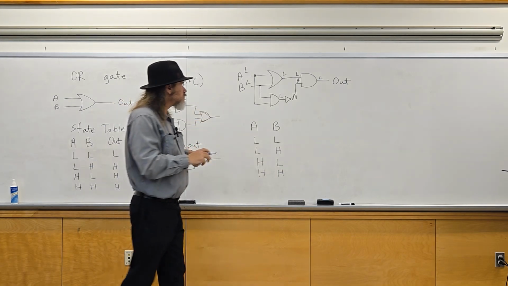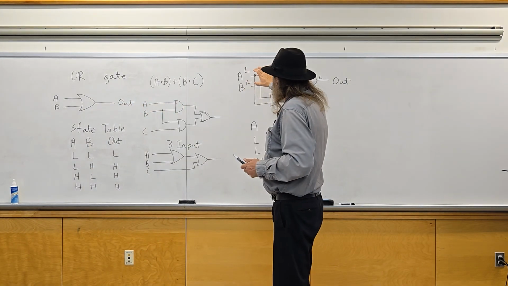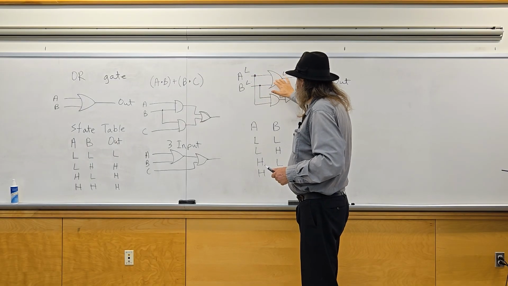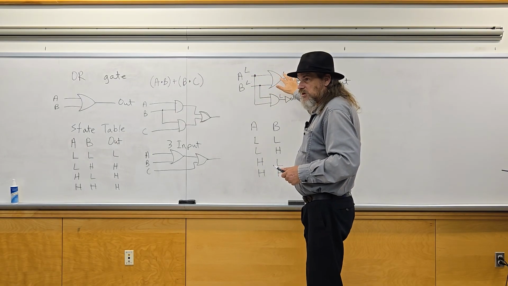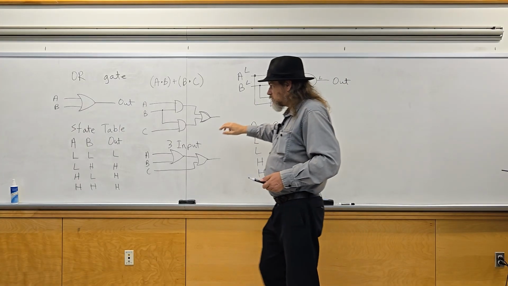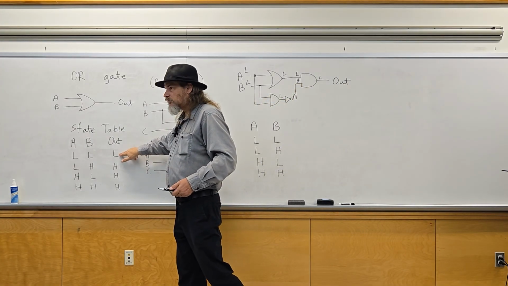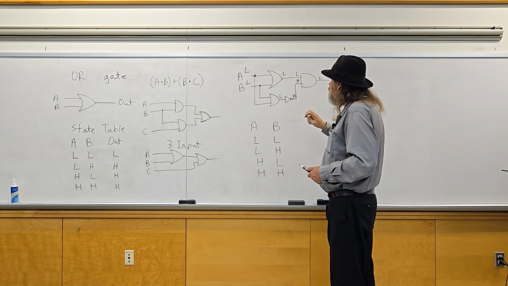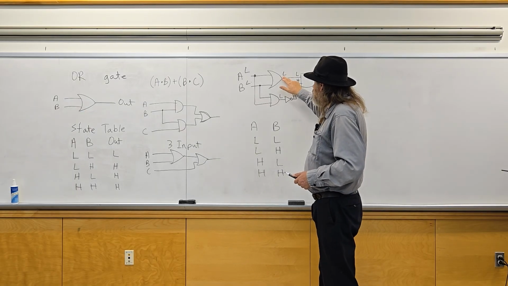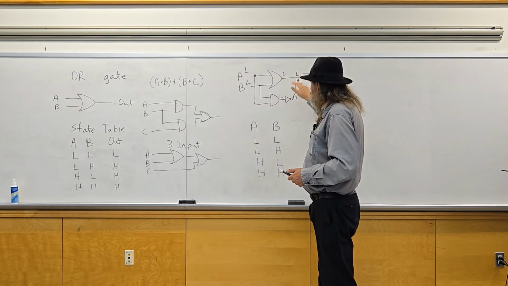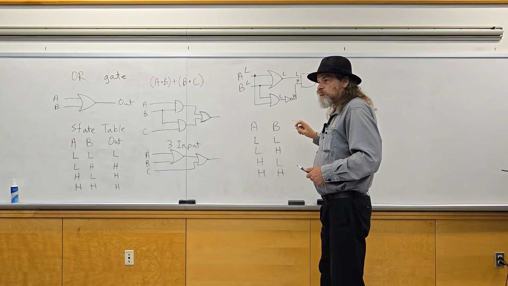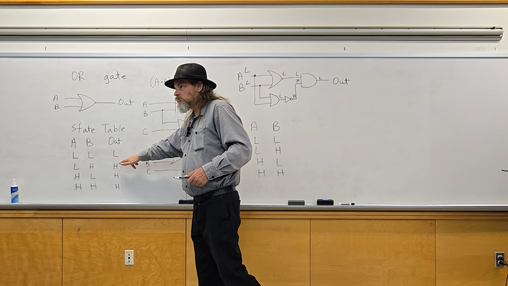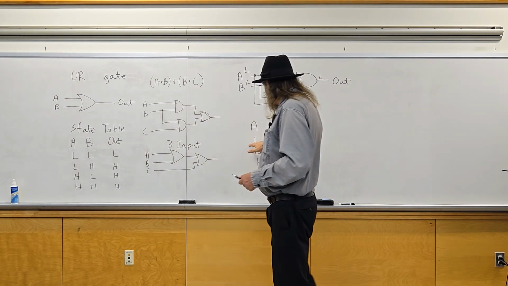If A and B are both low, going into the OR gate, that would be a low, right? Because of the state table for the OR gate. So that would be low here, and then obviously here. We're doing all the combinations.